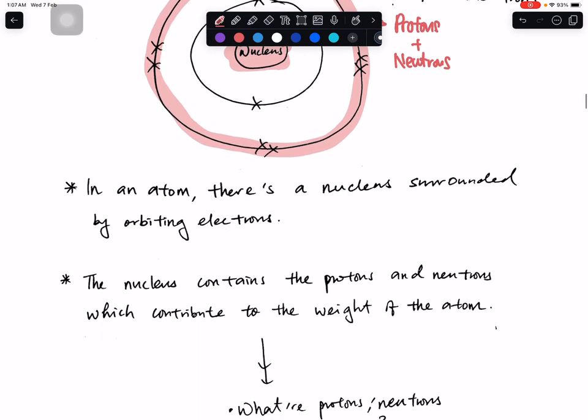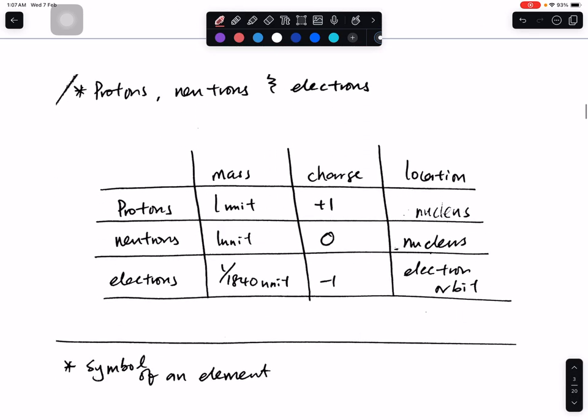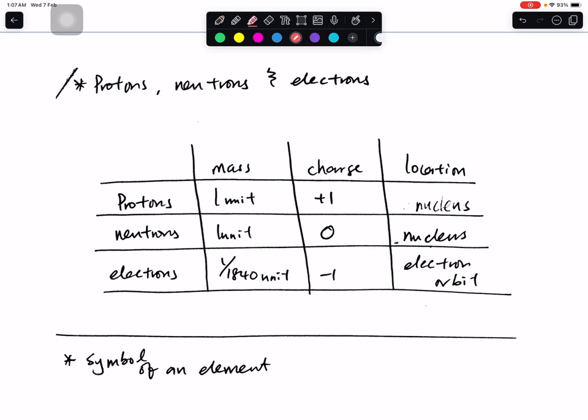Alright, so on the next page, there's a table that you will want to look at. This will help you summarize the three subatomic particles inside your atom: protons, neutrons, and electrons. The first column is the mass column. What mass does this represent?